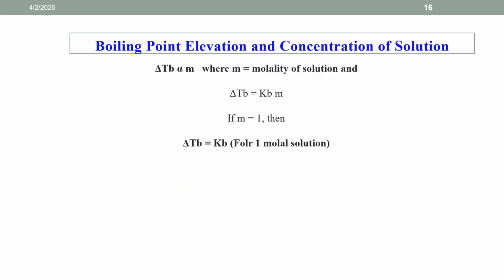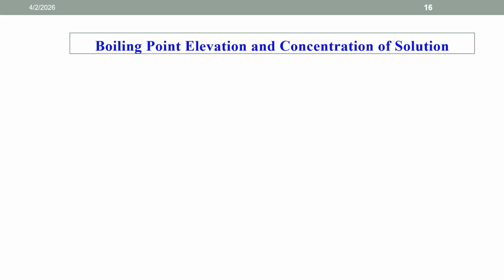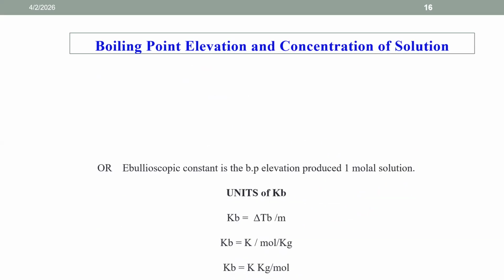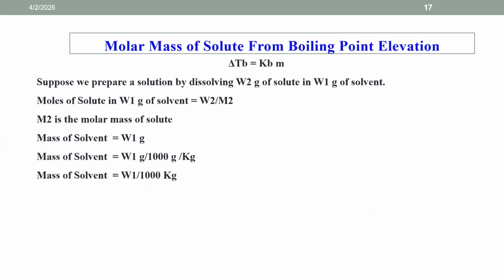From the equation, we can also calculate the concentration of the solute. The unit of the ebullioscopic constant, for a 1 molar solution, is Kelvin kilogram per mole. So this equation is very useful in calculating the concentration of the solute.